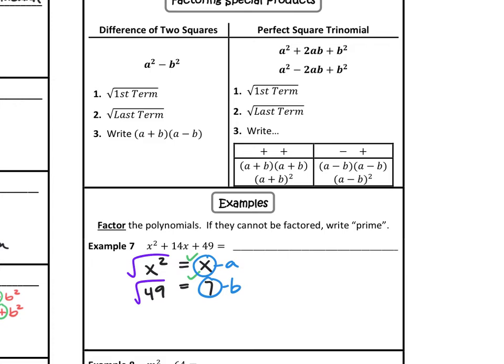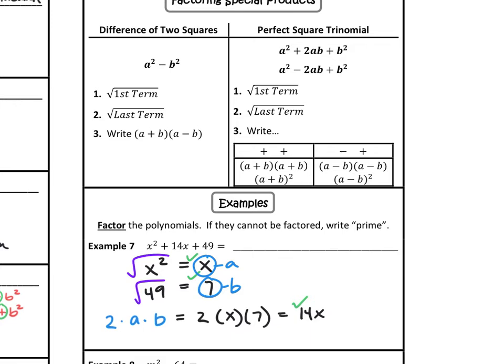And then the last thing I want to check is, what is 2 times A times B? That's going to equal 2 times x times 7, which is 14x, and so that matches the middle term.